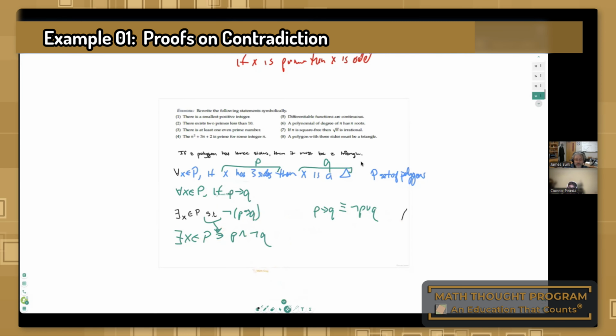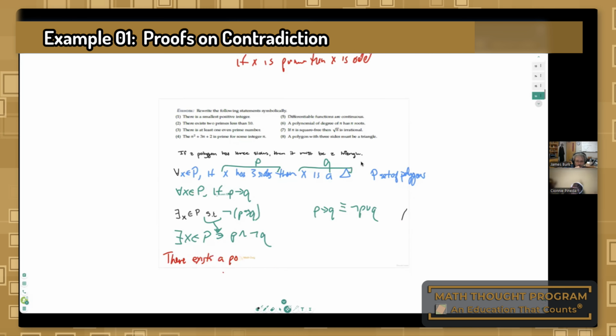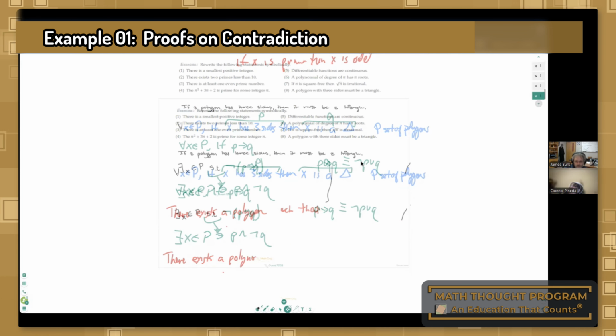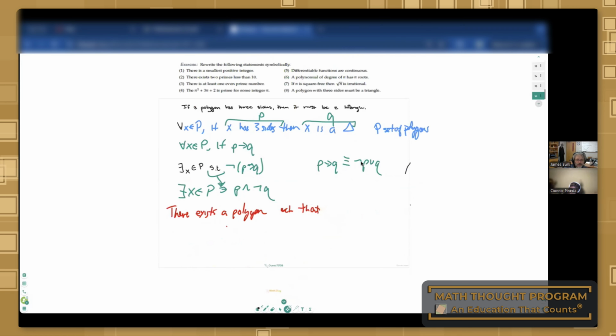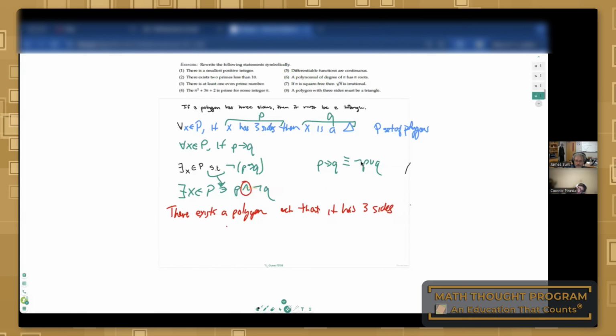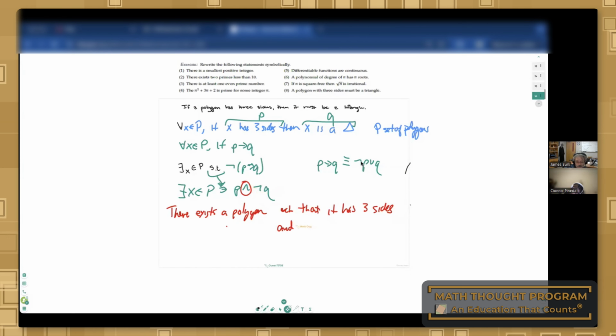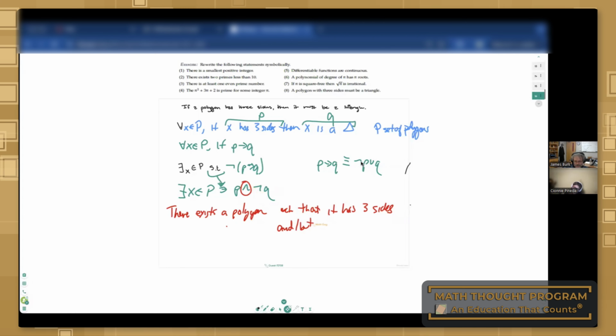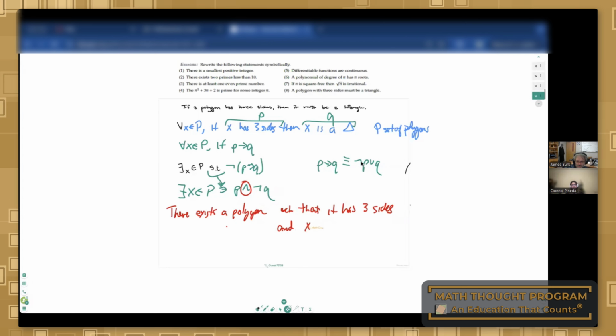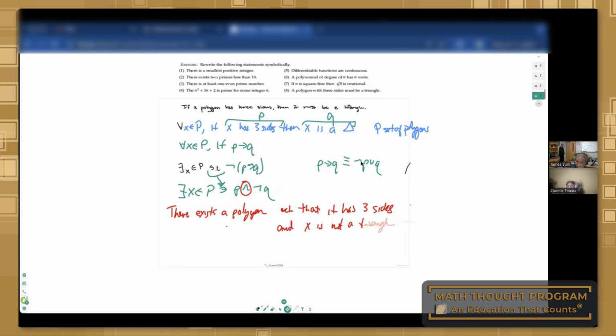Now, let's take this and rewrite it. I can say there's a polygon, and P again, it has three sides. I can say "and", or I can also use the word "but", just some kind of conjunction. And if I just want to do transliteration as fast as I can, I can say X is not a triangle.